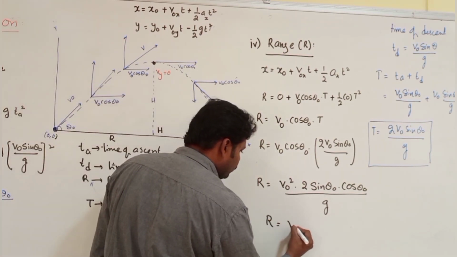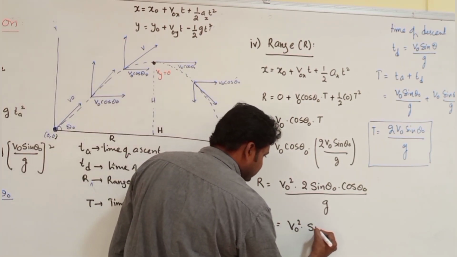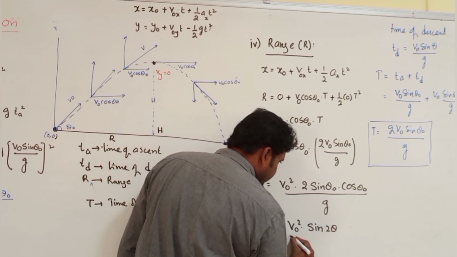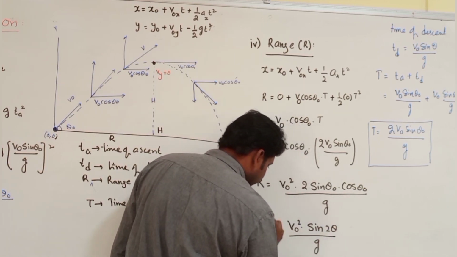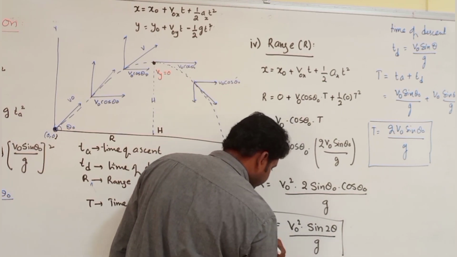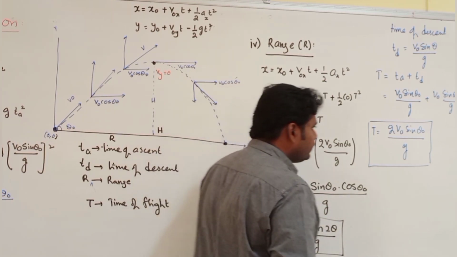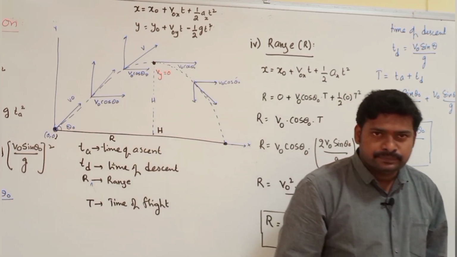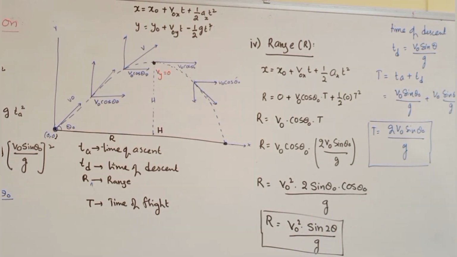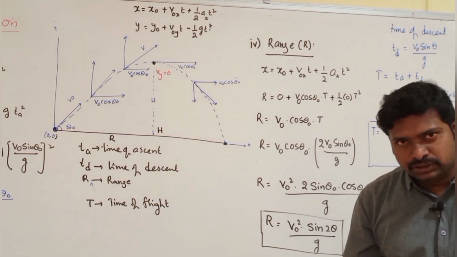Range is equal to v naught square sin 2 theta by g. Right? So this is a range, and we will see the relation between maximum height and range, and the relation between time of flight and the particular range. We will see that.